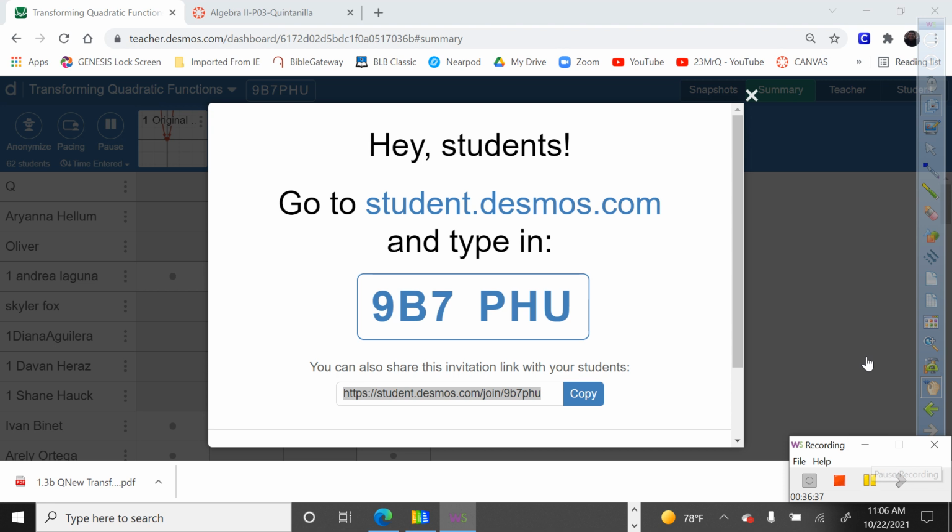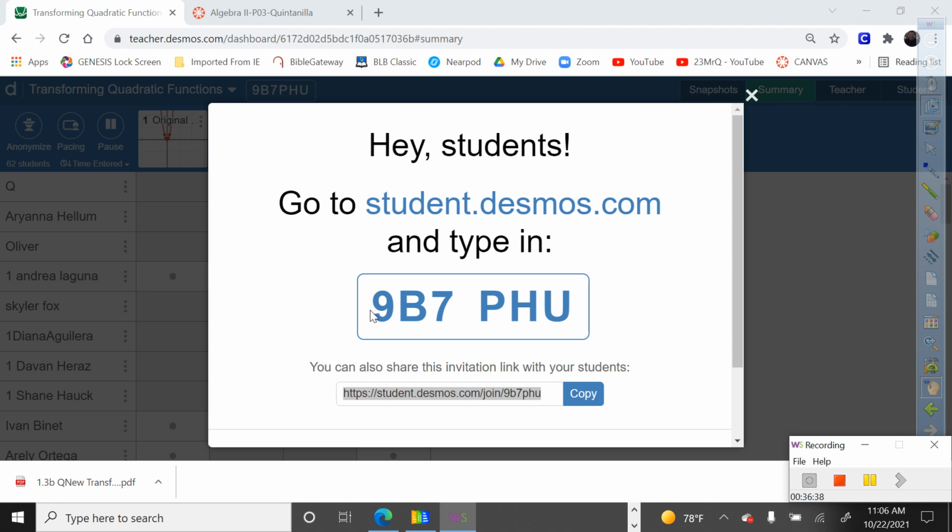To help you guys with that, I want you to get your Chromebooks out or your cell phone, and you're going to go to student.desmos.com. And here's your code.